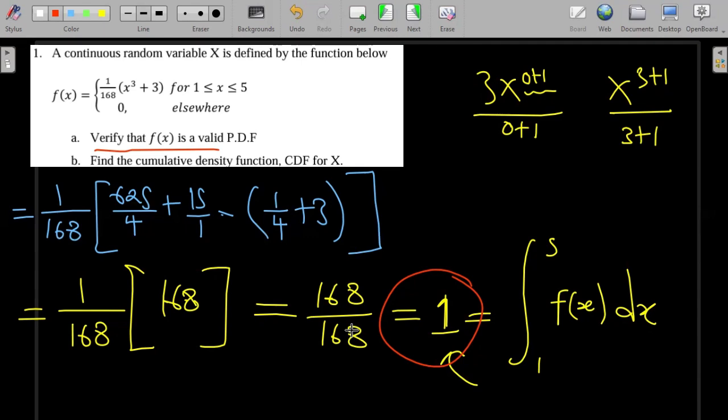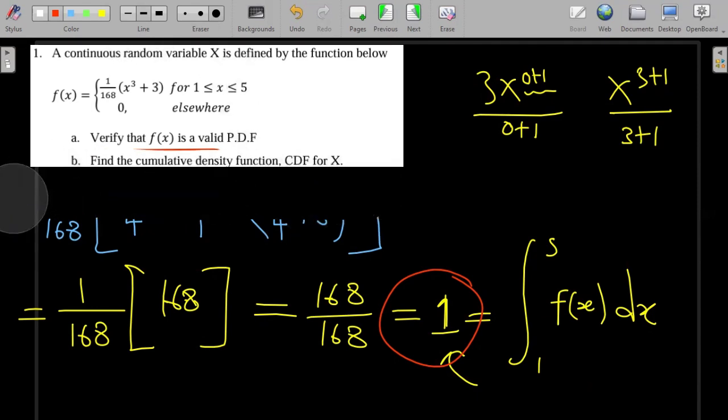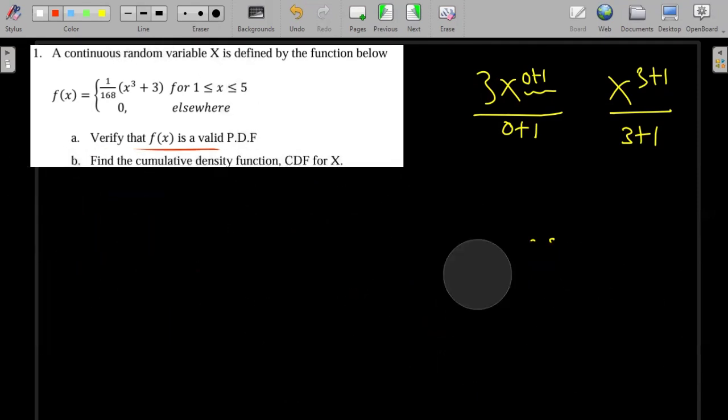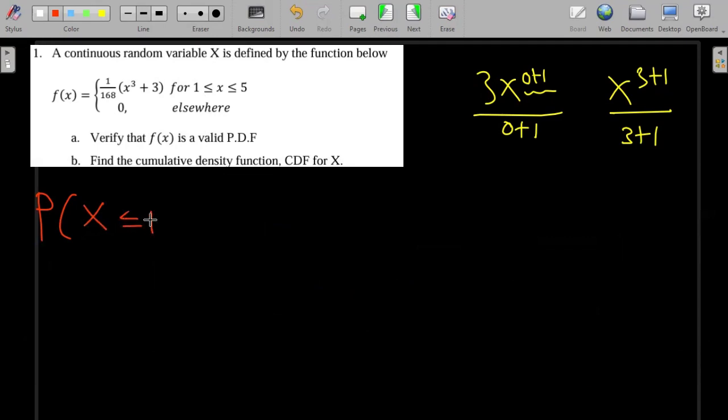And then let's find the cumulative distribution. Now the cumulative distribution is just the probability that the random variable x is less than or equal to a certain value k, or we can say t.